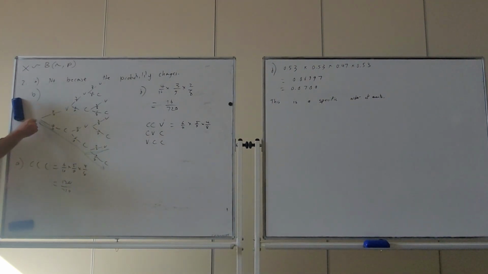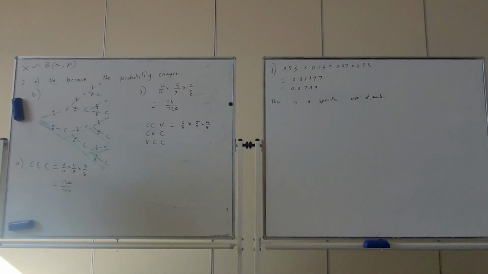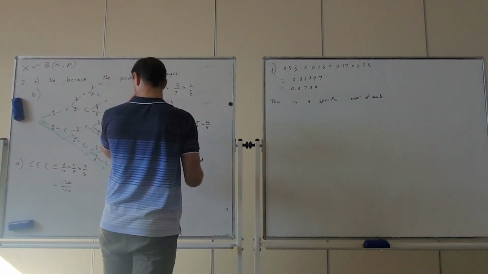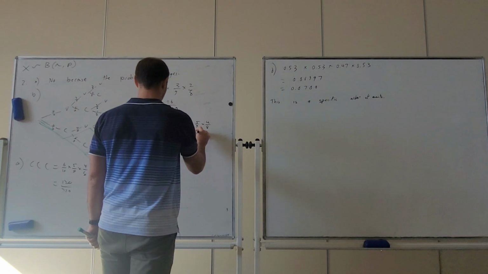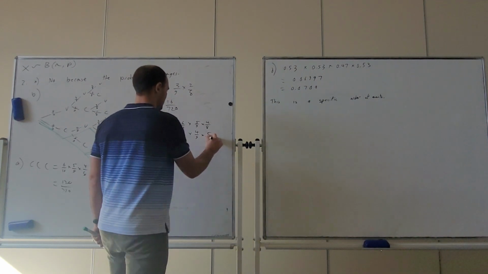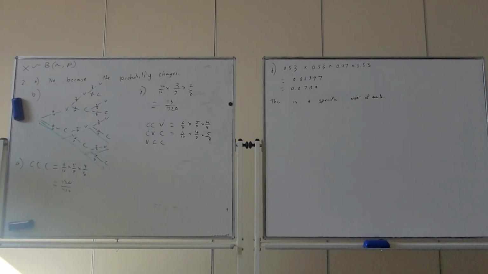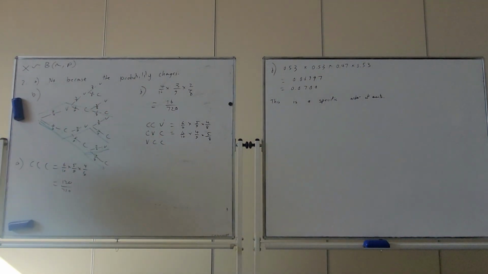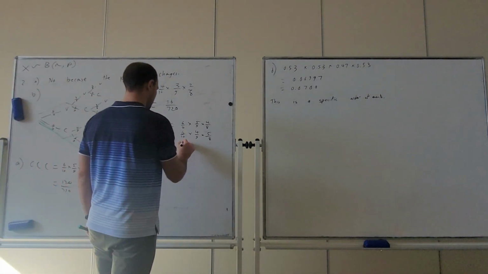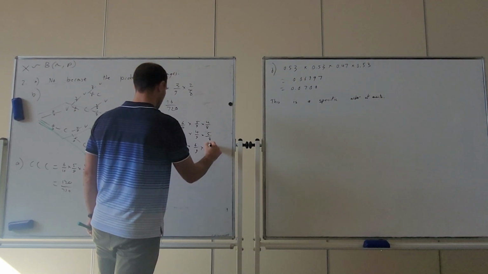If we got chocolate, veggie, chocolate, we've got 6 on 10 times 4 on 9 times 5 on 8. And for the last one, veggie, chocolate, chocolate, 4 on 10 times 6 on 9 times 5 on 8.